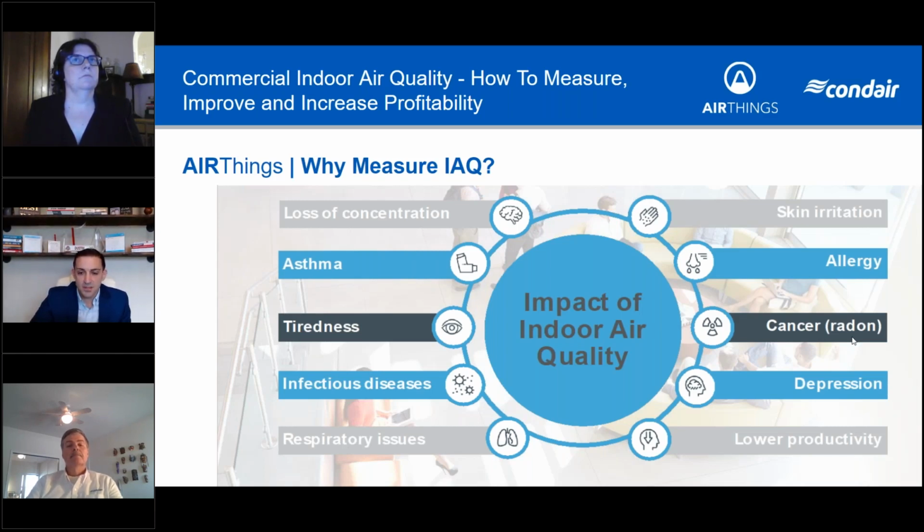What about asthma and COPD and other triggers that are a direct result of things in the air we're breathing? Certainly cancer with radon, there's depression, low productivity, and I think one of the most prominent on everybody's mind today is the spread of infectious disease.